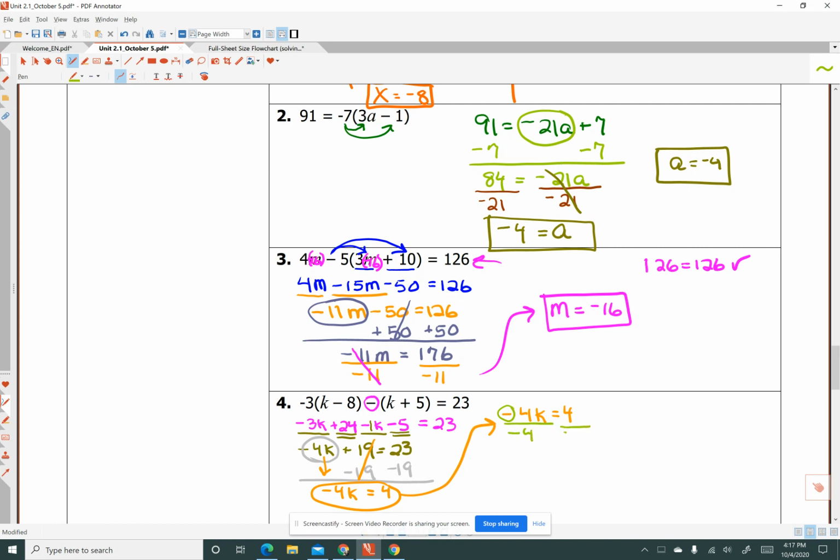And whatever we do to one side of an equation or inequality, we do to the other side. So at this point, we have negative 4 divided by negative 4, which is 1. So that leaves us with k equals, and now we have positive 4 divided by negative 4. A positive divided by a negative is a negative. So that means k is equal to negative 1.